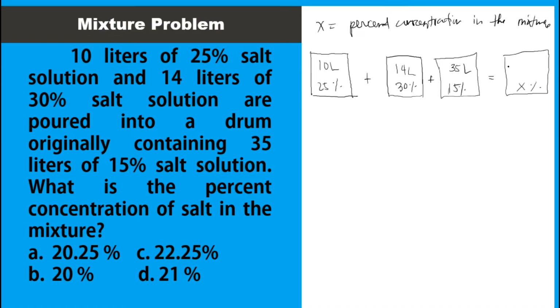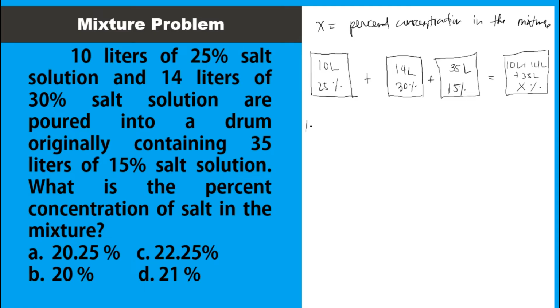So you have a volume balance: 10 liters plus 14 liters plus 35 liters, that is the resulting volume. So you apply the first step, draw the concentrations, and of course you have a volume balance if the volume is given. So let's solve this.